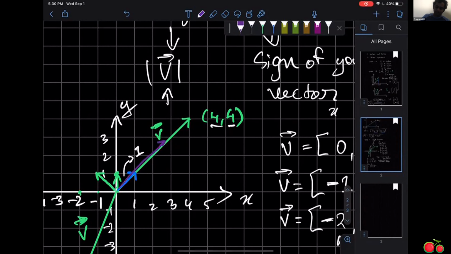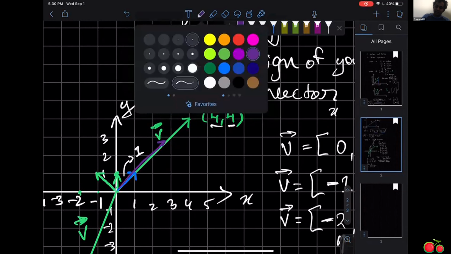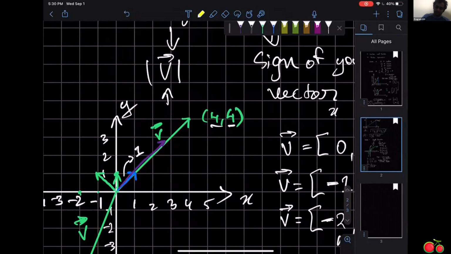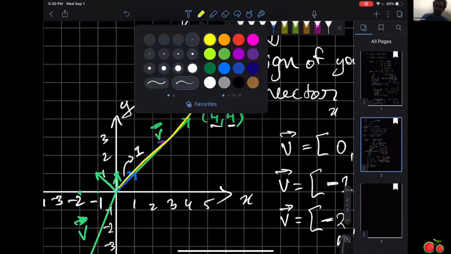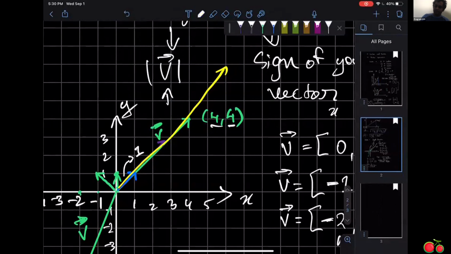I can have a vector of this size, I can have a vector of this size. It's all the same. You can have multiple vectors, but they're all pointing in the same direction as the unit vector we have, this vector here, the blue guy.